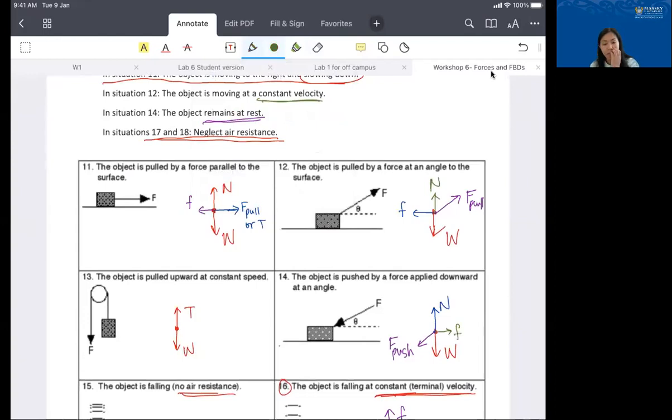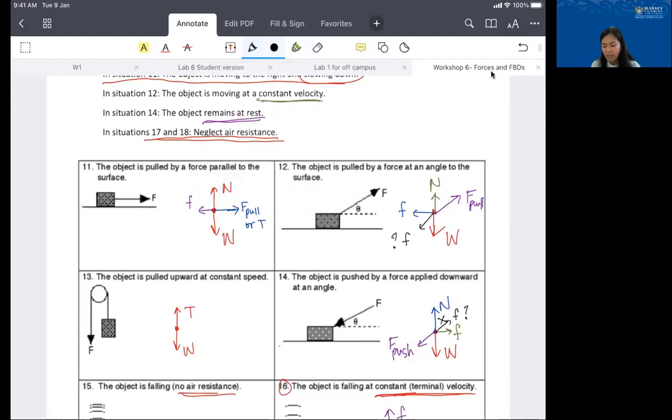So why is the frictional force along the horizontal, and why isn't it directly opposite the push force? We will see that in the next lecture. It's the same case here. Why is the frictional force to the left? Why isn't the frictional force diagonal, directly counteracting the pull force?